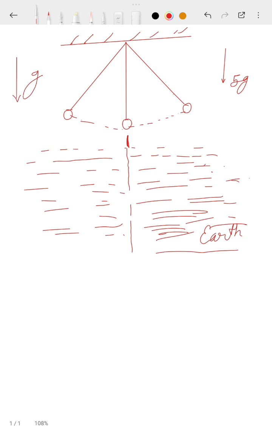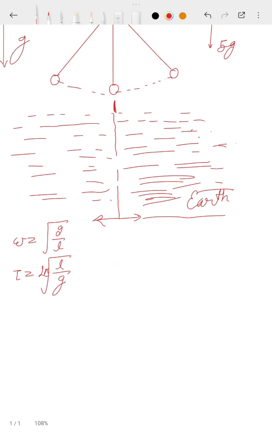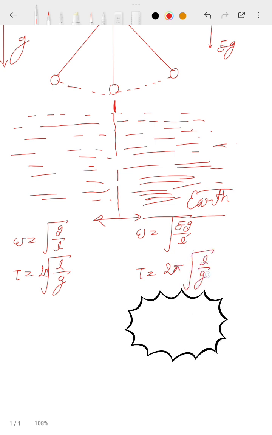We will simply find out that just for the left side, omega will be square root of g upon L, and time period we can find out is 2 pi square root L upon g. And in the right direction, omega will be square root of 5g upon L, and T will be 2 pi square root L upon g.